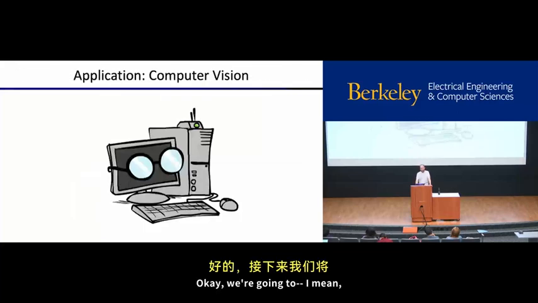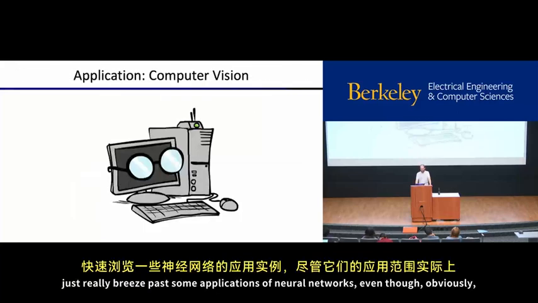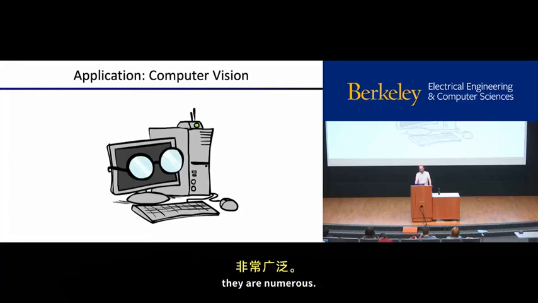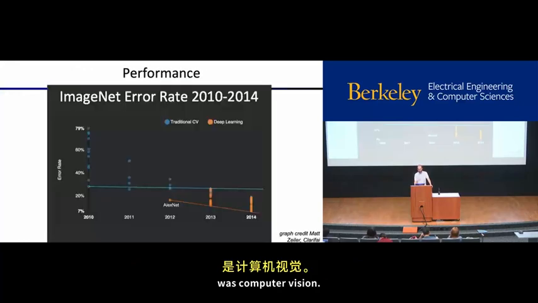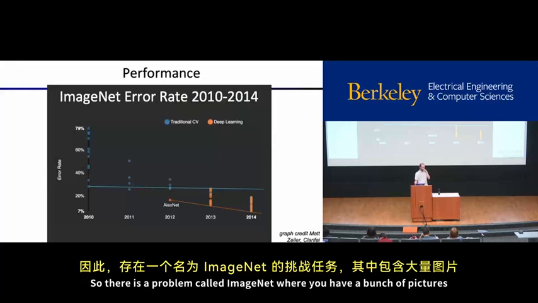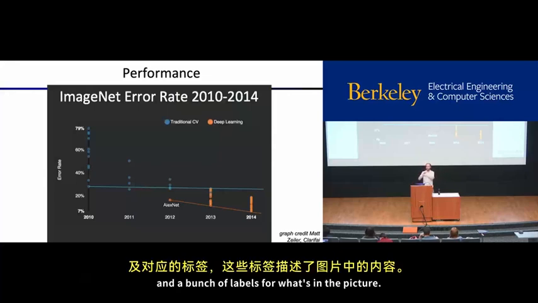Okay, we're going to just really breeze past some applications of neural networks, even though obviously they are numerous. The original application that got everyone very excited about neural networks was computer vision. There is a problem called ImageNet where you have a bunch of pictures and a bunch of labels for what's in the picture.